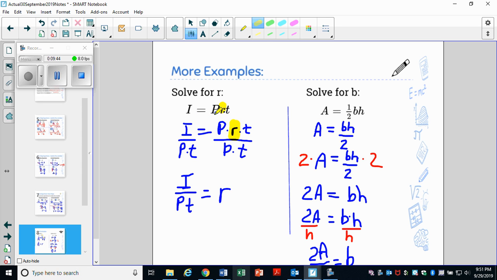So in this case, we're solving for r. So we highlighted the lowercase r, and we have I equals p times r times t. So what we need to do is divide both sides by both p and t. So that's the key. Divide both sides by P and T.